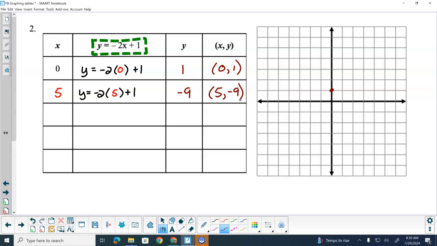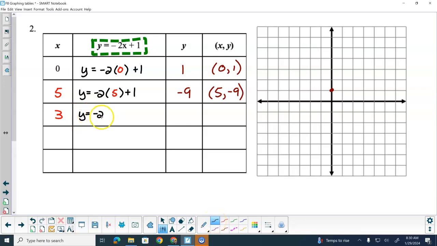So if we know that at 5 it's off the grid, we should come in a little bit. Give me a number between 0 and 5. 3. Love it. 3. So let's plug in 3.